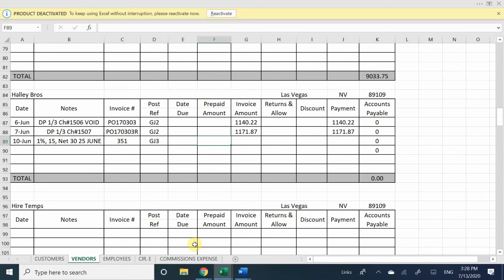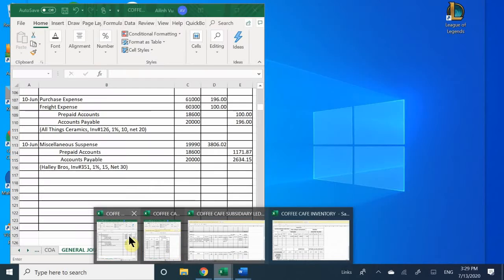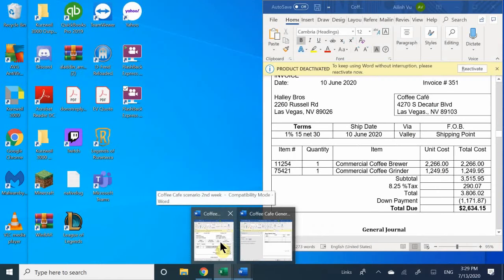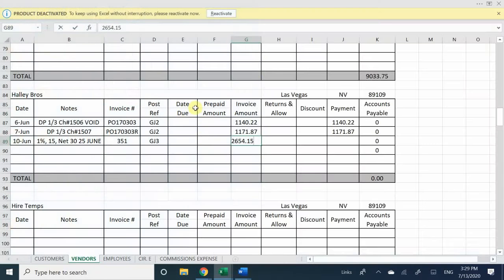And for our paid amount, invoice amount is going to be for 2654.15. I think that's right. Let's see. 3415. Okay, so my bad.